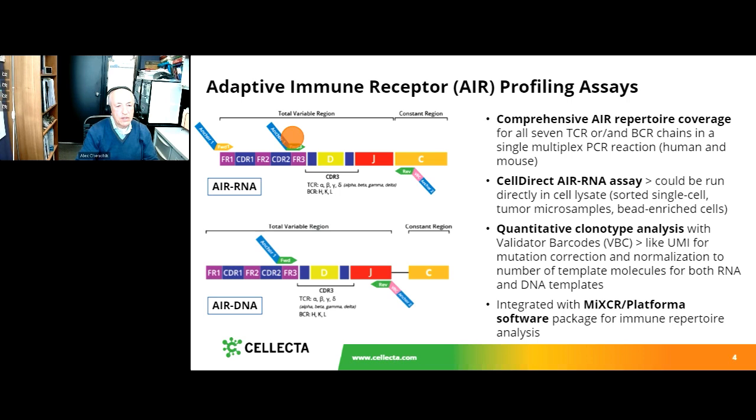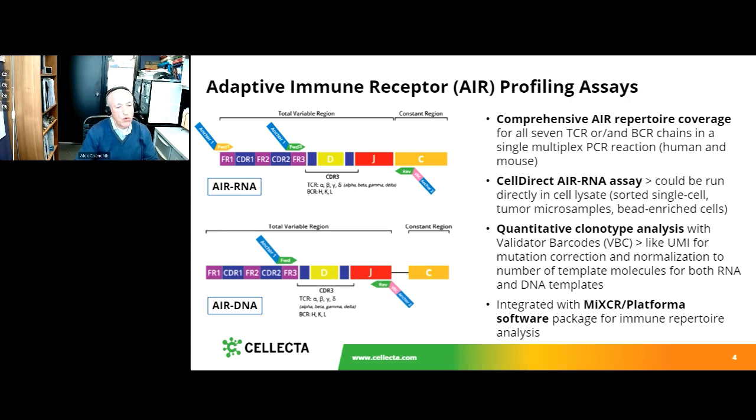What's great in this technology we developed is that you can amplify all 7 chains for all TCR and BCR genes. So it can be alpha, beta, gamma, and delta for T cell receptors and H, K, L for B cell receptors. You can start from RNA or DNA, and RNA provides you more sensitivity.